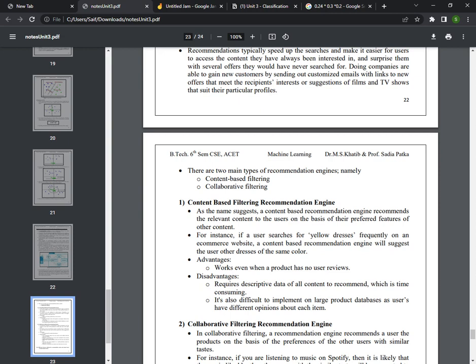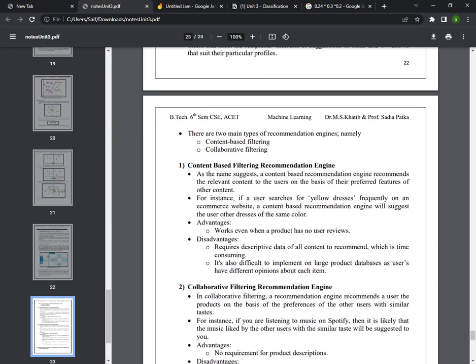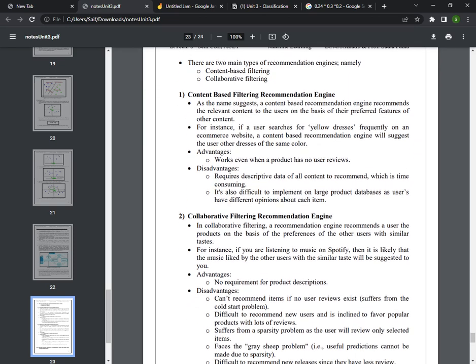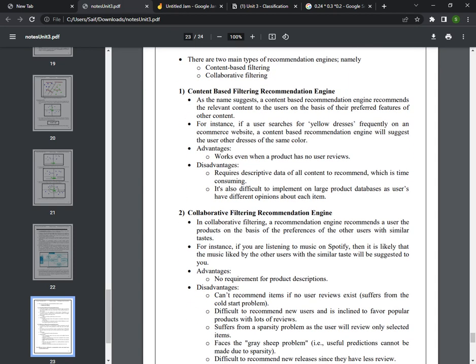As the name suggests, a content-based recommendation engine recommends relevant content to the user on the basis of their preferred features of other content. In collaborative, it's the opposite. A recommendation system recommends to a user products on the basis of the preferences of other users with similar taste.